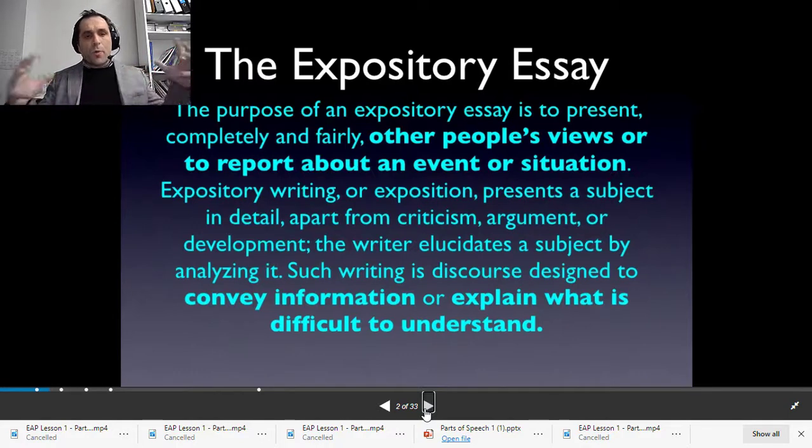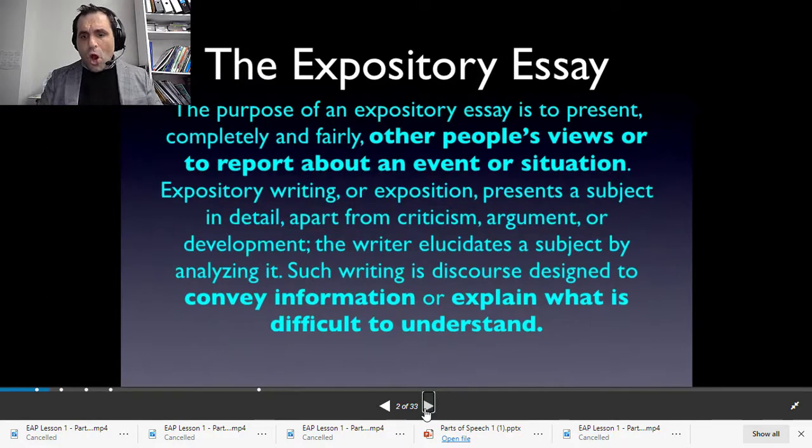You can be reporting about an event or a situation or anything else. It can be anything at all, anything that has facts and information that the reader might want to know about.